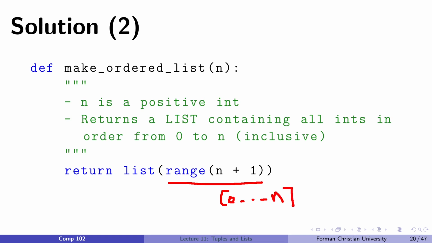And then this is not a list yet, but we need to explicitly convert this into a list using this predefined keyword called list. And then that is going to formally convert that into a list, and then it's going to return that. So this entire one-liner has the same effect as the previous code that we saw in the previous slide. So both solutions are correct. The second one is more Pythonic. It uses Python's built-in tools.